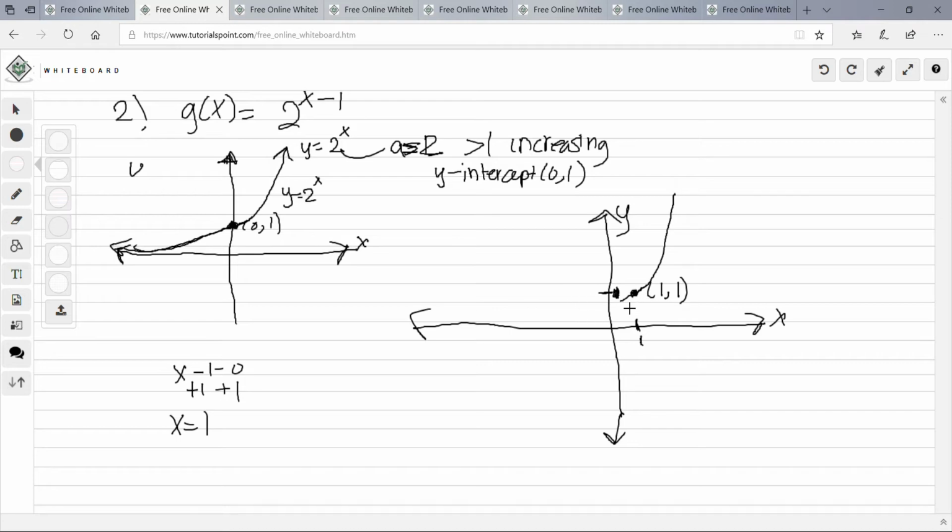And it never passes the x-axis because that is our horizontal asymptote. Yep. And that's how you graph this y equals 2 to the x minus 1.